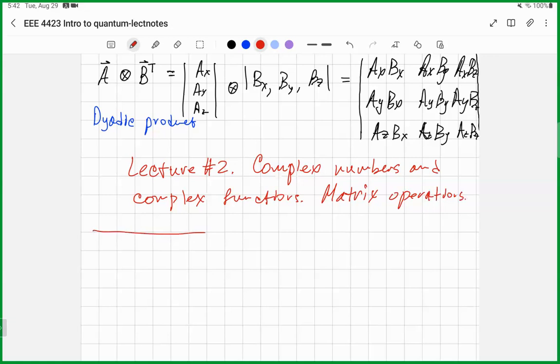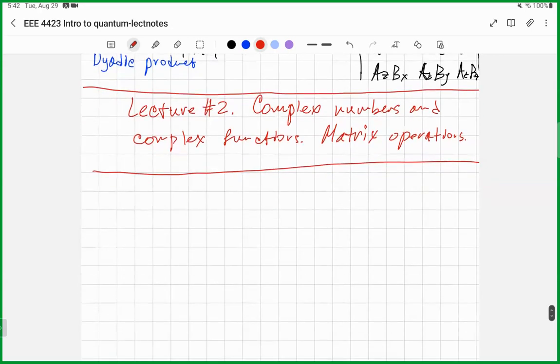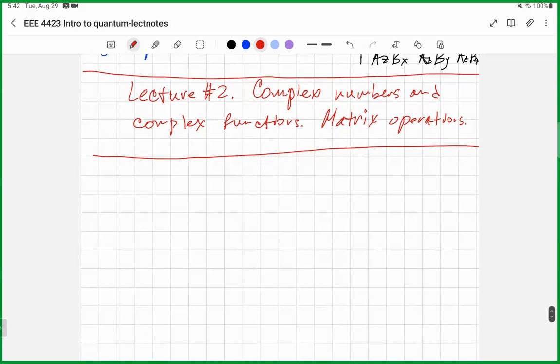And I will assign another homework. So it will be homework number 2 about complex numbers and matrix operations. Your first homework also contains some problems with complex numbers. So this part is also useful for you.